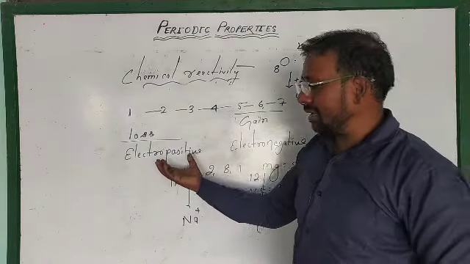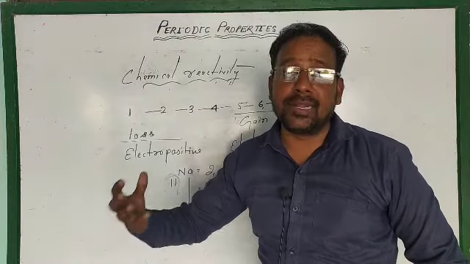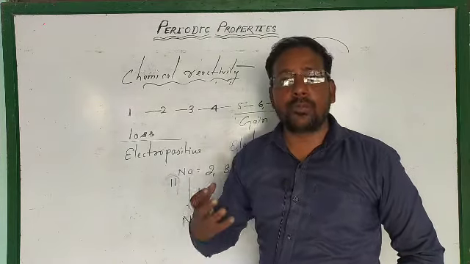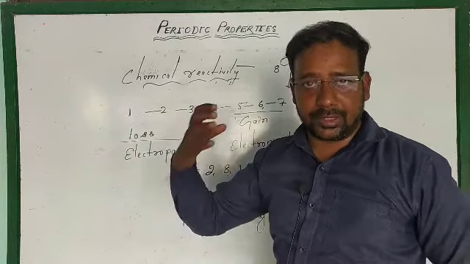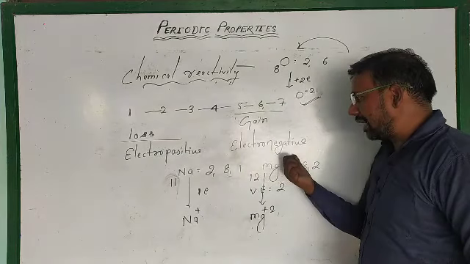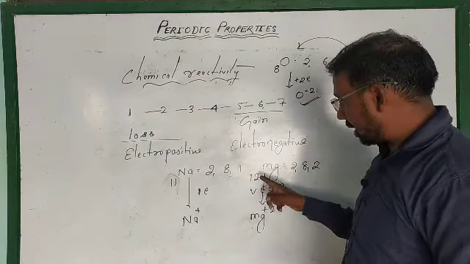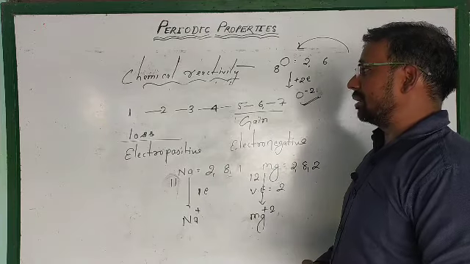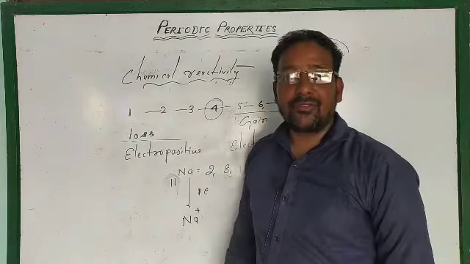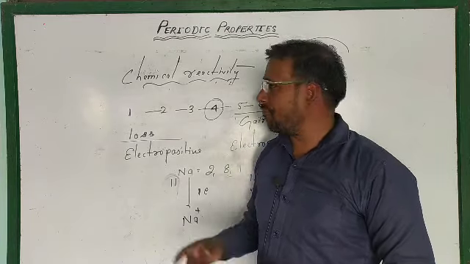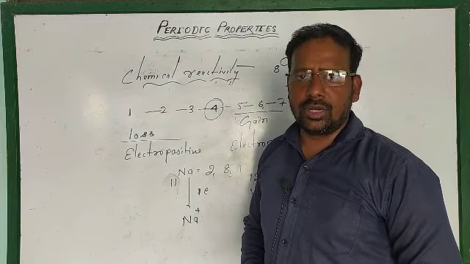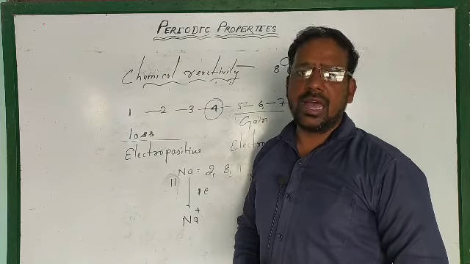Electropositive elements have a metallic character. We have already discussed that metals are electropositive in nature because they have the tendency to lose electrons, and non-metals have the tendency to gain electrons, meaning they are electronegative. Then you are thinking about the 4: Sir, what about the 4? Many elements have 4 valence electrons; they are metalloids, like silicon.